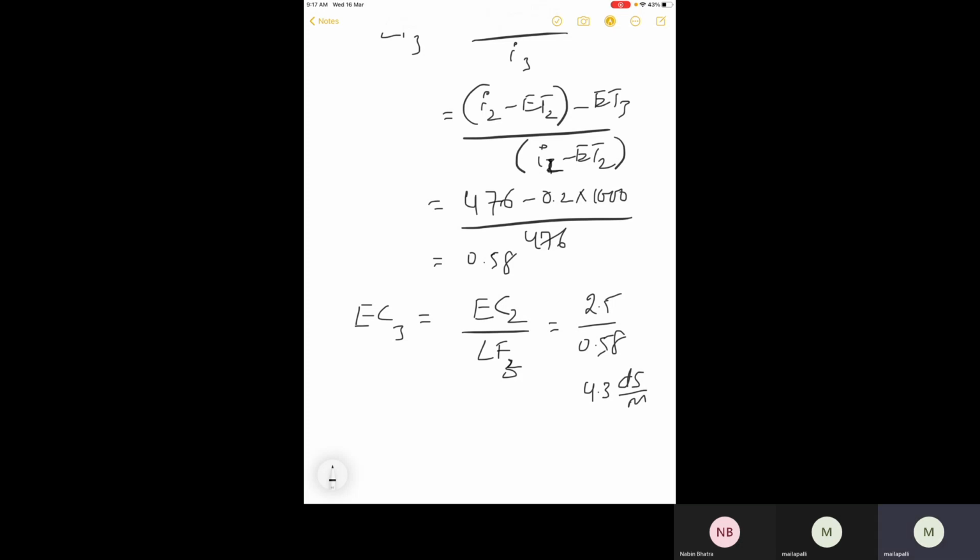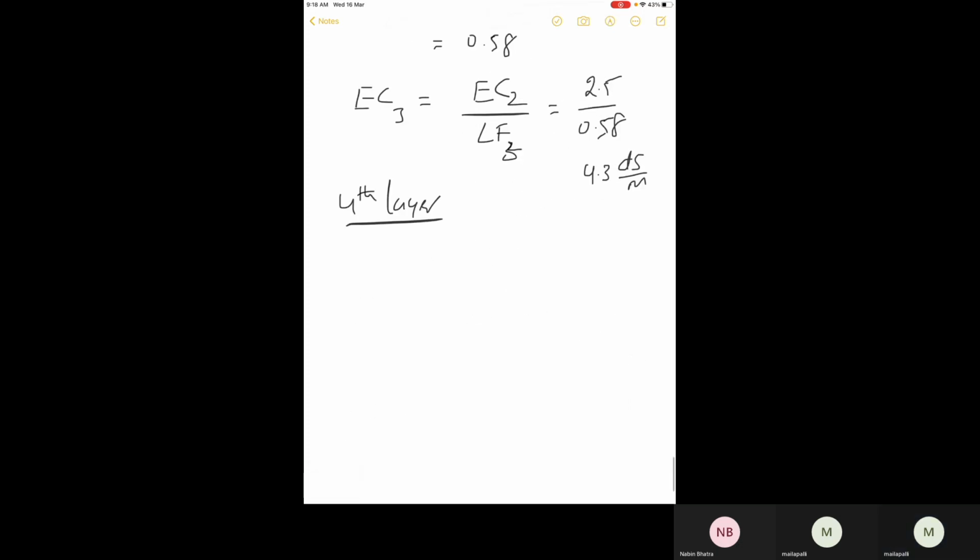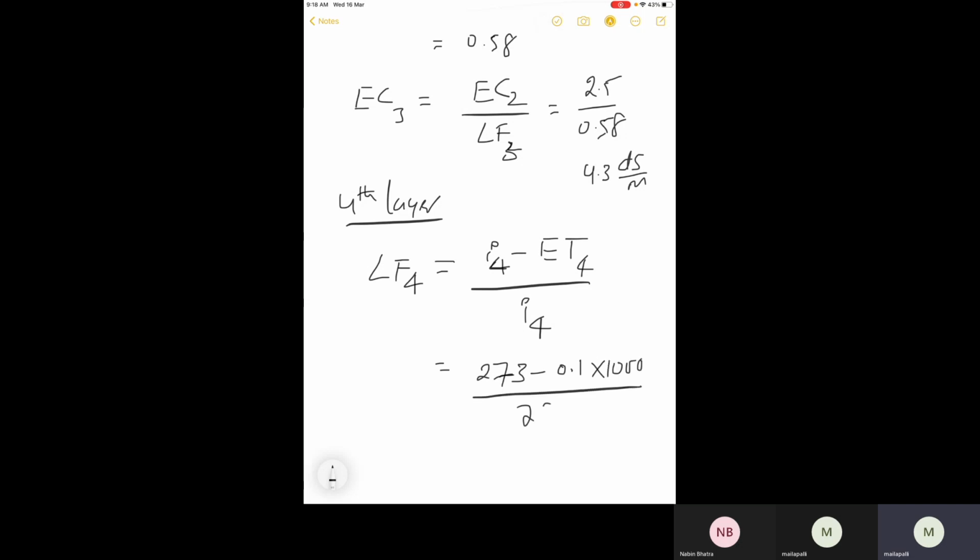Then the last layer, that's the fourth layer. Again, you have to find out what LF and EC are. So LF4 is equal to I4 minus ET4 divided by I4. So this will be like 273 minus 0.1 into 1000, divided by 273.